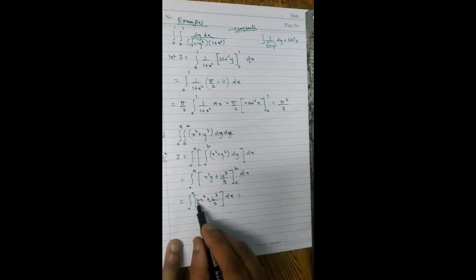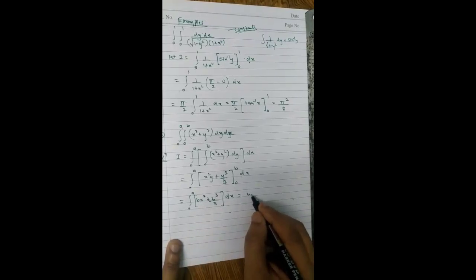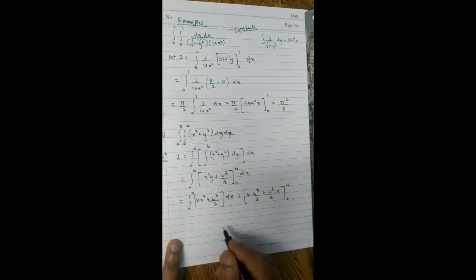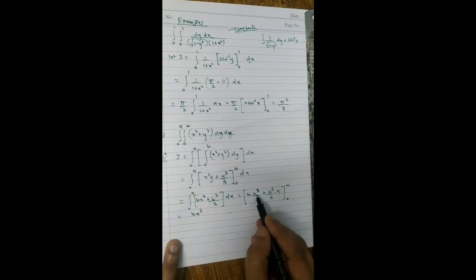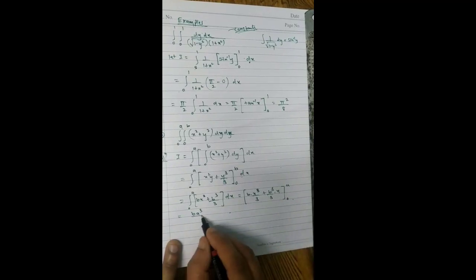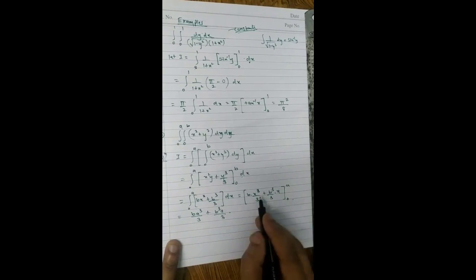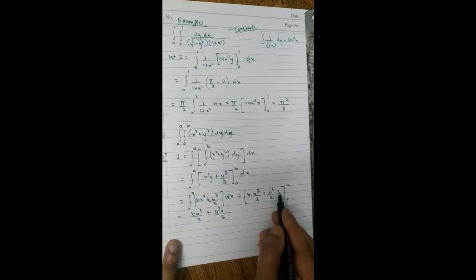Which is equal to, now if I integrate this, b into x cube by 3 plus b cube by 3 into x over the limit 0 to a. Substituting the upper limit, this turns out to be b a cube divided by 3 plus b cube a divided by 3, and if I substitute the lower limit here, it obviously turns out to be 0, which I do not write.